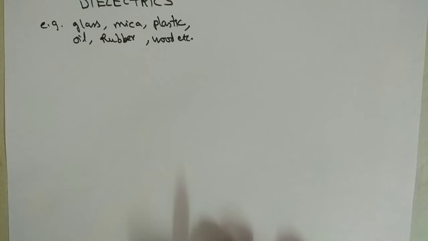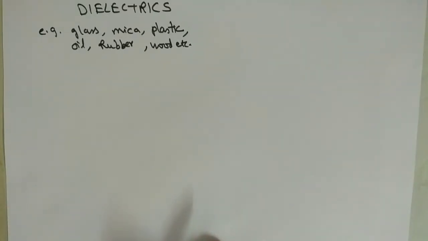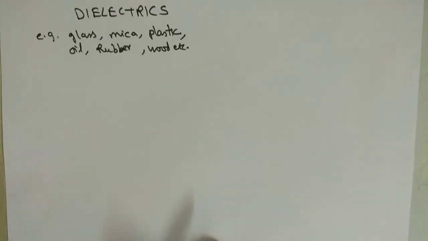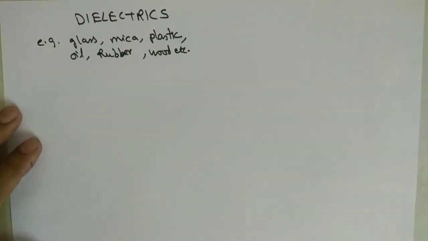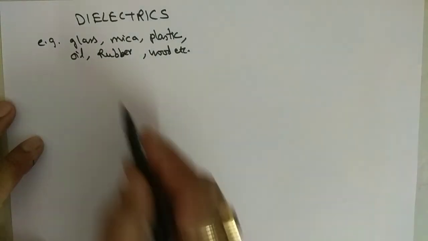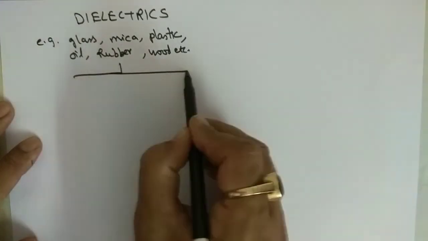We have already discussed that we can place these dielectrics between the plates of a capacitor, and each has a specific constant value which is known as the dielectric constant, capital K.